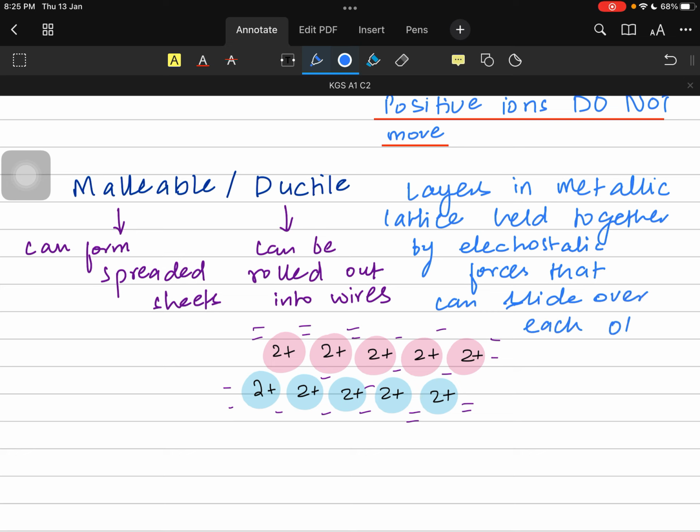So overall, they become really flexible. When you talk about layers being held together by electrostatic forces, the word layer should be there, and the words slide over should be there.